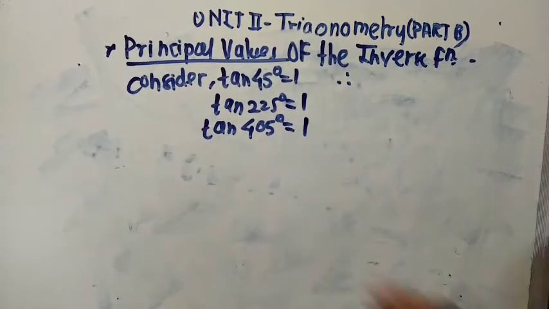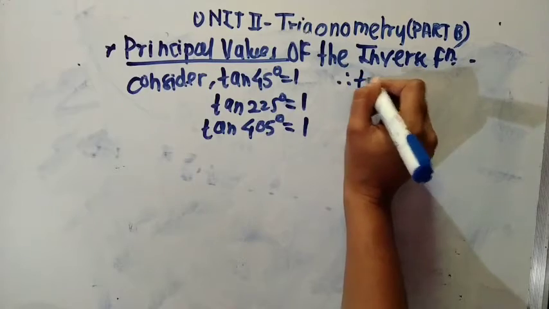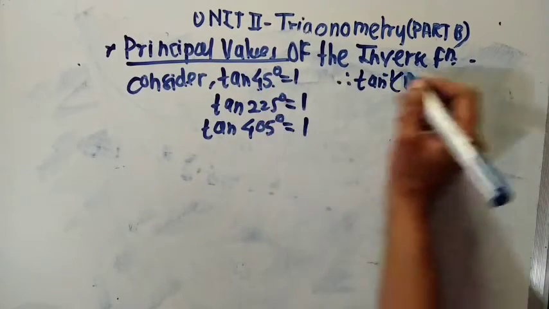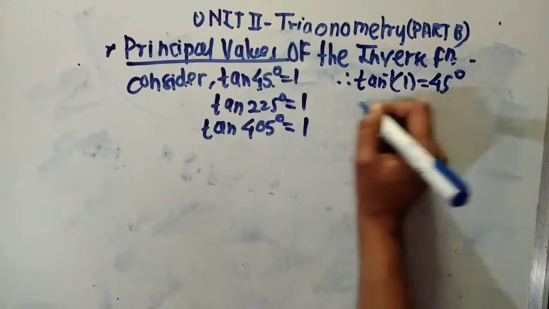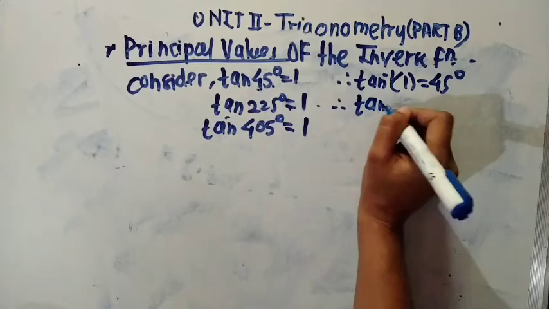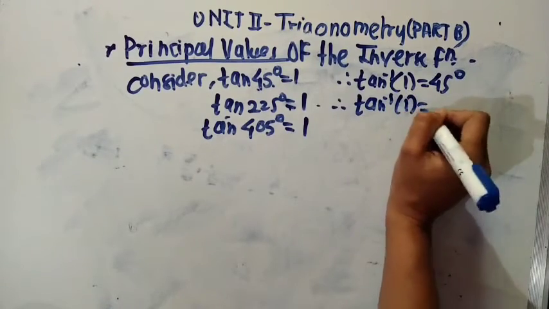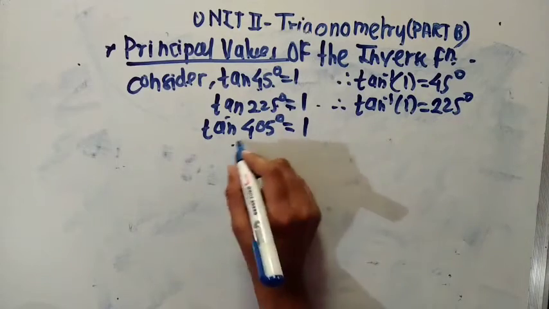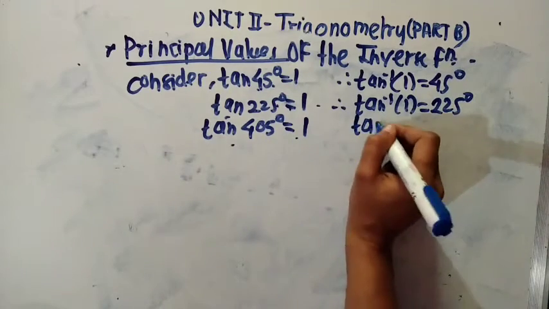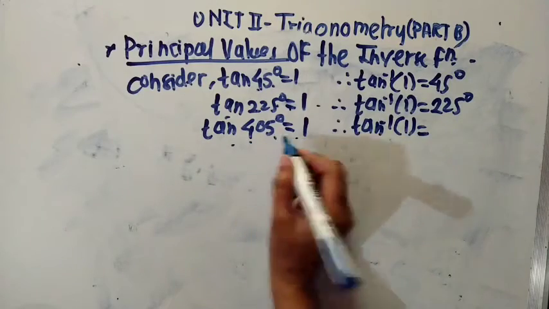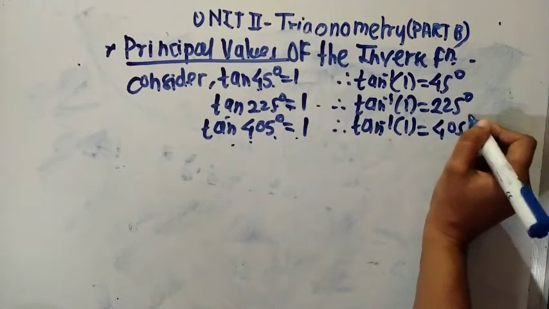Hence tan inverse of 1 is equal to 45 degree, 225 degree and 405 degree.